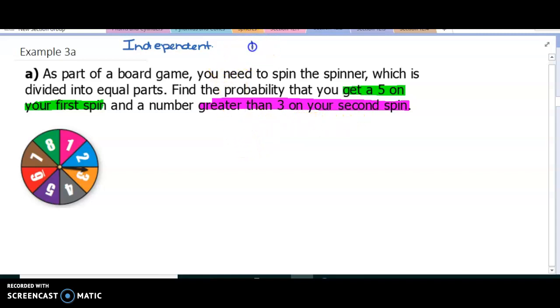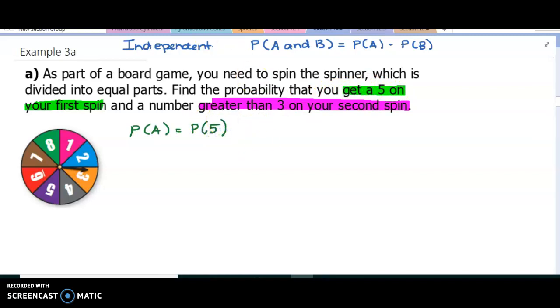Because they're independent events, we would use the formula: the probability of A and B is equal to the probability of A times the probability of B. Let's think of the probability of A as the probability that we get a 5 on our first spin, and we can let the probability of B be the probability that we get greater than 3 on our second spin.